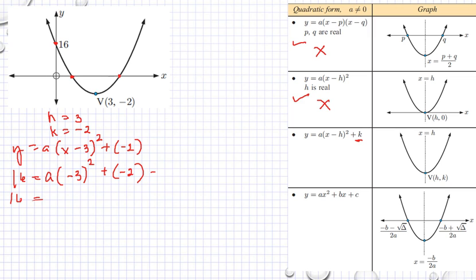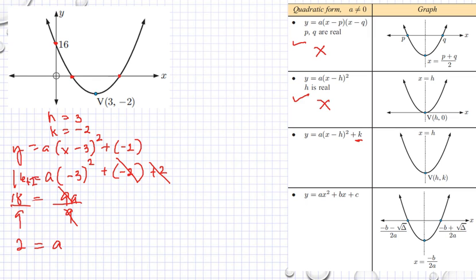If we add 2 to both sides of the equation, then we have 18. We have 18 equals 9a. If we divide both sides of the equation by 9, then we have 2. It should be 2. It is equal to a.